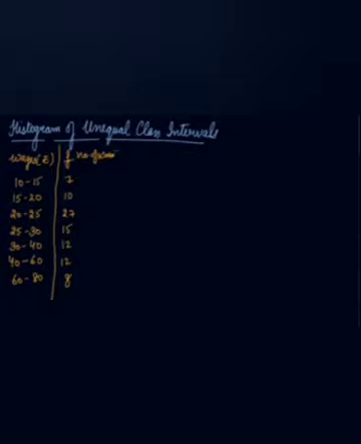So, when making this histogram, we have unequal class intervals: 10 to 15, 15 to 20, 20 to 25, 25 to 30, 30 to 40, 40 to 60, 60 to 80. Here it is a gap of 10, here a gap of 20, 20, and here a gap of 5, 5, 5. So we have unequal class intervals. Now we find the adjustment factor.